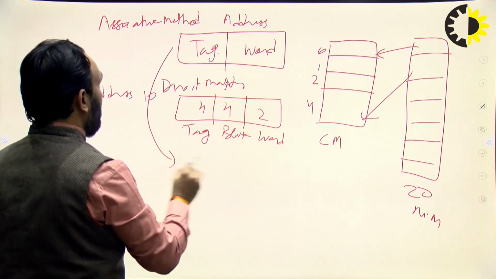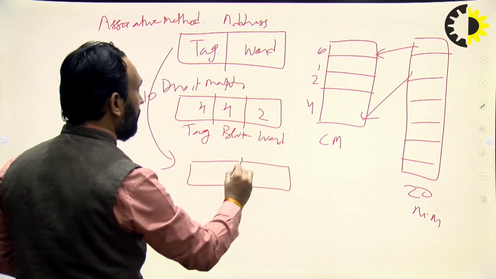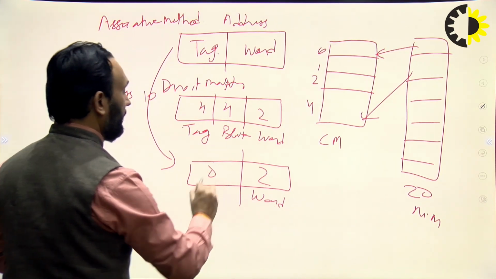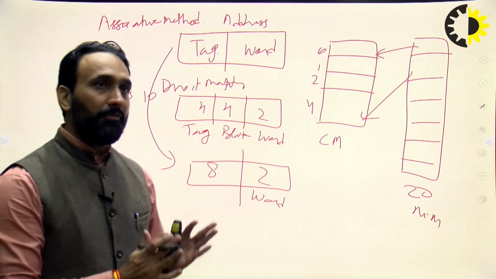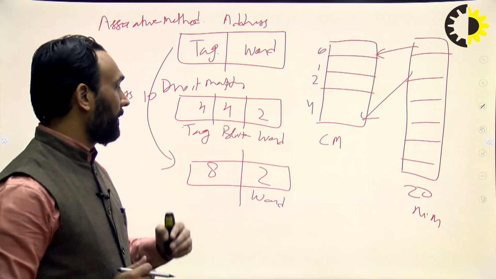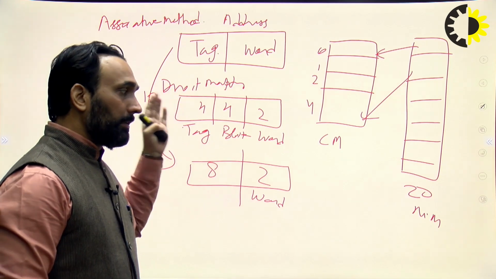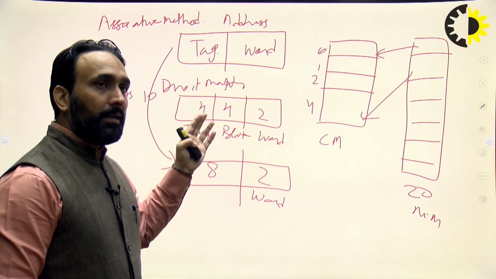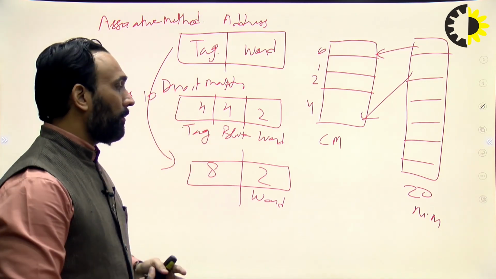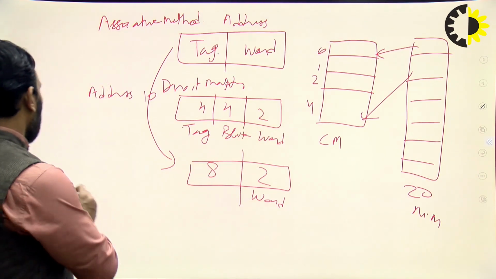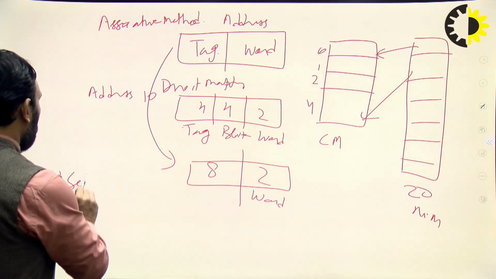But in associative mapping, it is divided only into two parts, word and tag. That is the basic difference between associative and direct mapping. If we compare both methods, which one is better? Direct mapping is better and faster, but in a dynamic mode, the second one is better. And the third is set associative.